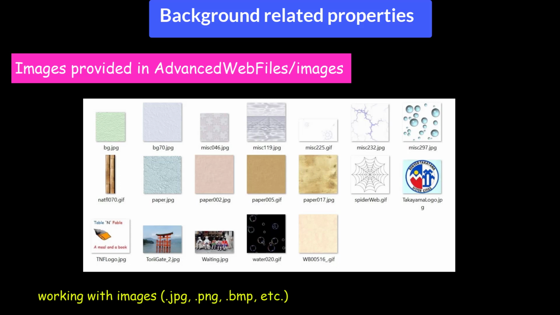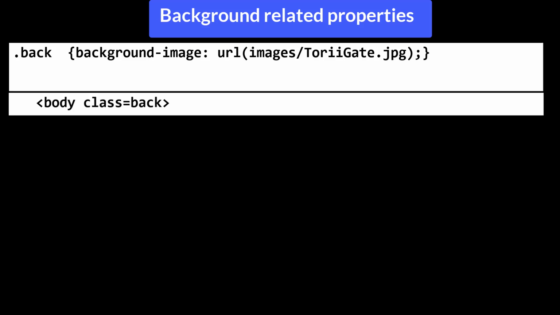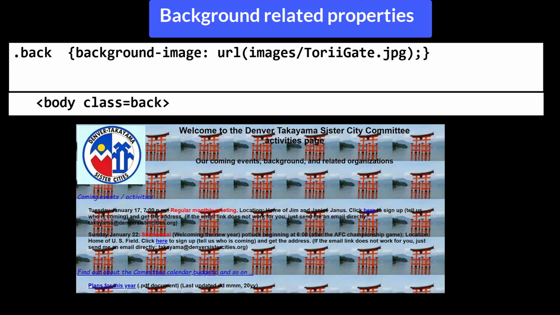Now it might seem cool, for example, to have the Torii Gate picture from Japan as the background image for a page about a trip to Japan. So we might code a style rule like this: .back { background-image: url(images/torigate.jpg) }. Then, working off our earlier Takayama page, we set the body element to be body class="back", and we see the result as this.